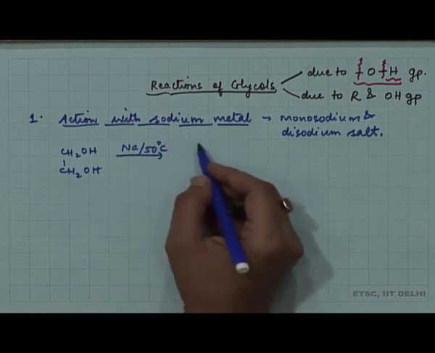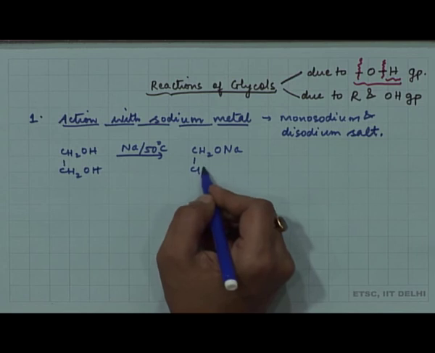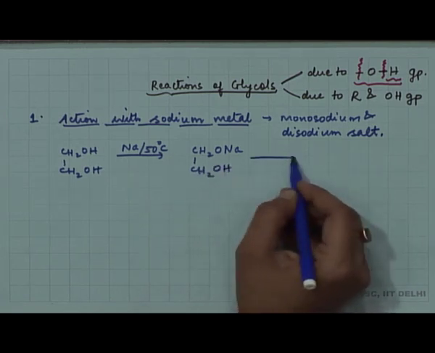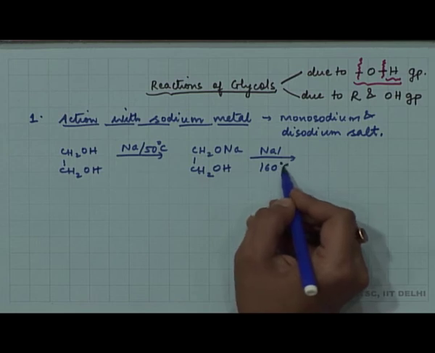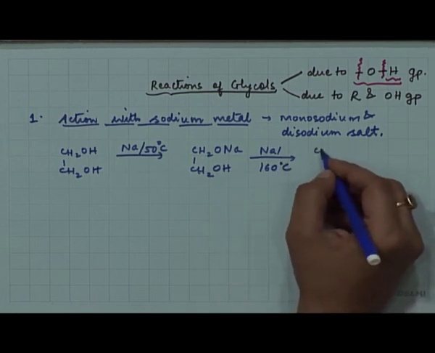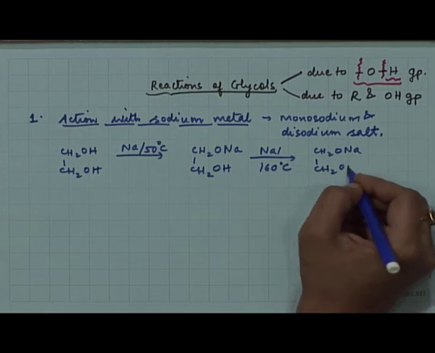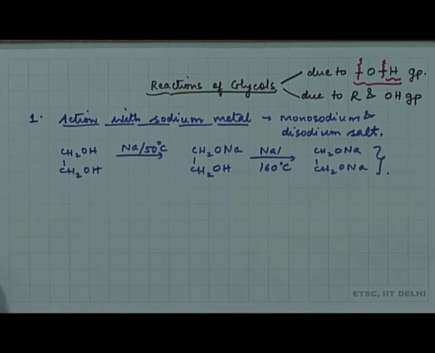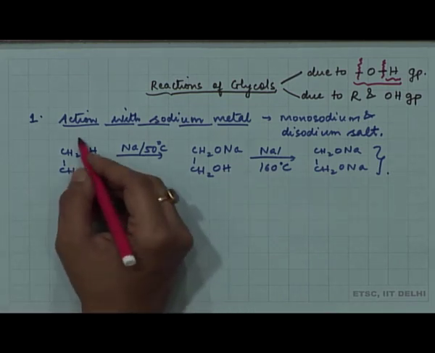At 50 degrees, let us say lower temperature conditions, you replace the first hydrogen, and then for removing the next hydrogen from the diol, you have to elevate the temperature, and this is how you get the disodium salt. This is when you have both the hydroxyls as a 1 degree alcohol.